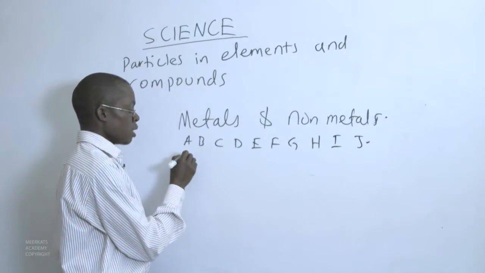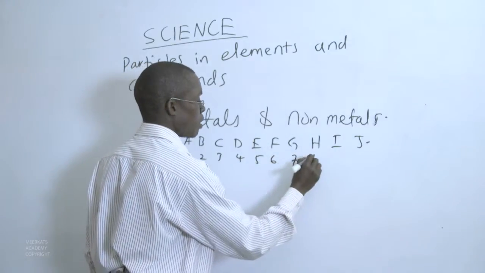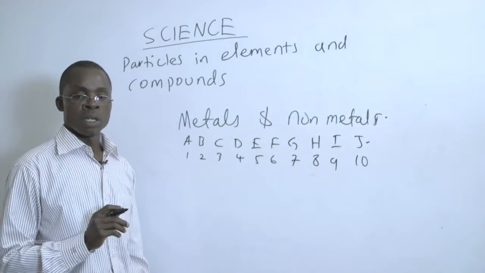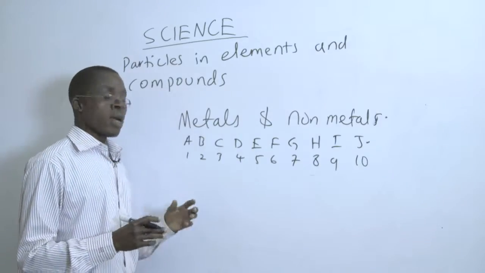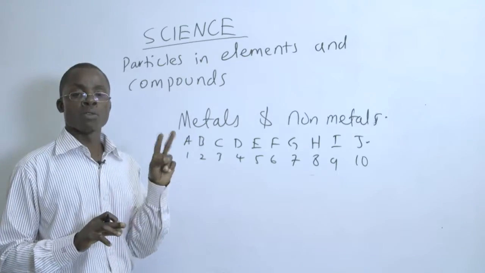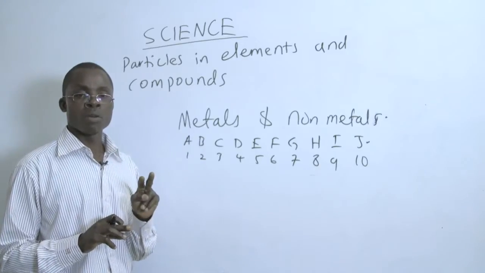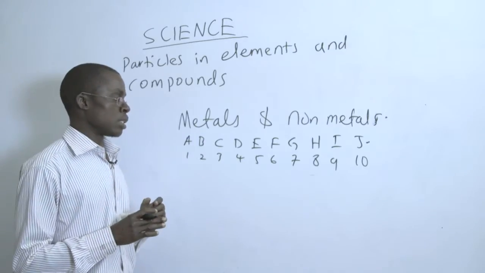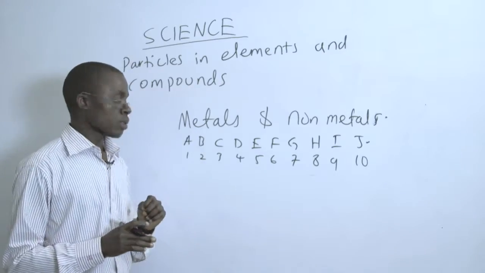So this one has 1 electron, 2, 3, 4, 5, 6, 7, 8, 9, and 10 electrons. The electronic configuration must follow rules. Rule number 1: the first energy level must have a maximum of 2 electrons. The second energy level must have a maximum of 8 electrons. If that is the case, which electronic configuration are we going to get out of all of this?